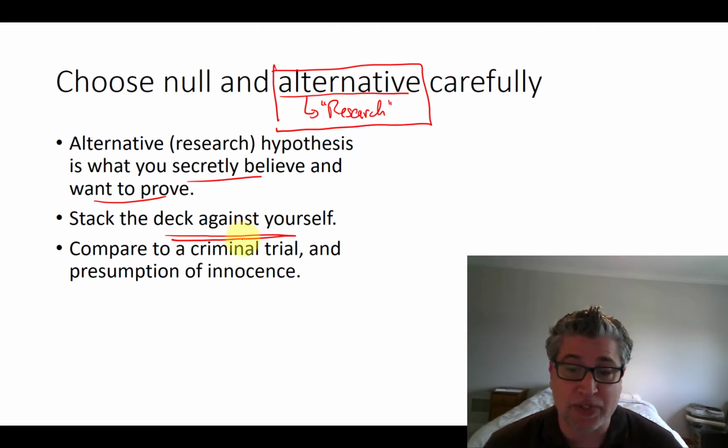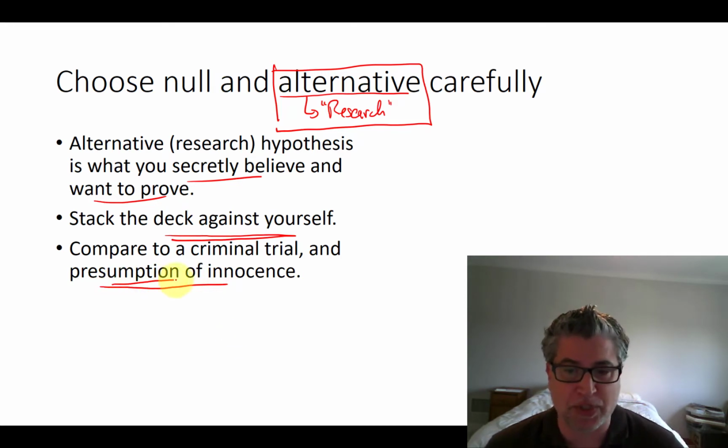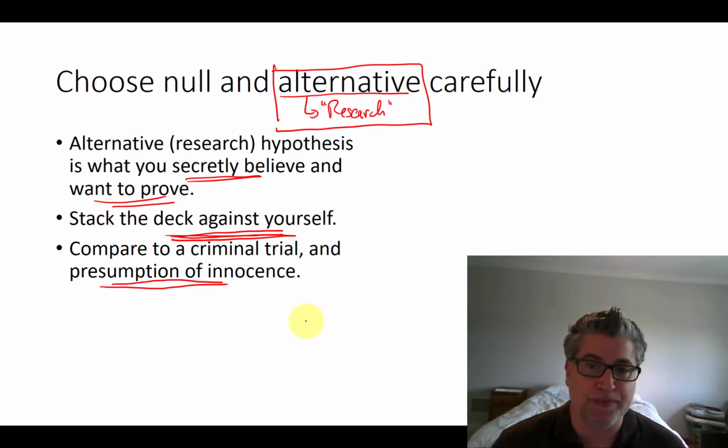And you do that by presuming that the person is innocent. So you show up at trial, the person is presumed innocent. The prosecutor has to have overwhelming evidence that the person is actually not innocent, the person is guilty, and then you've proven what you want to prove.